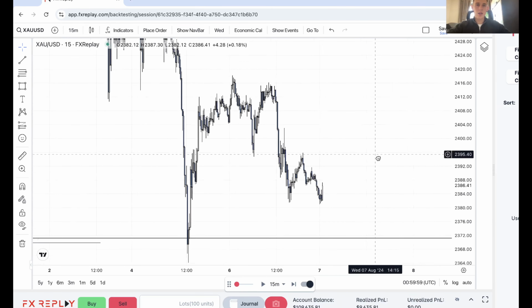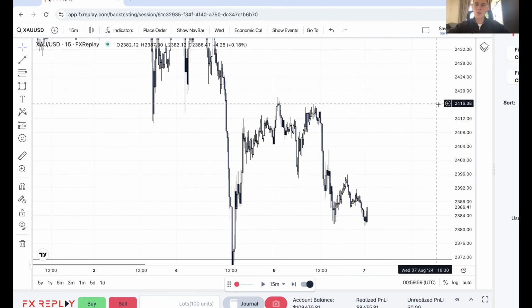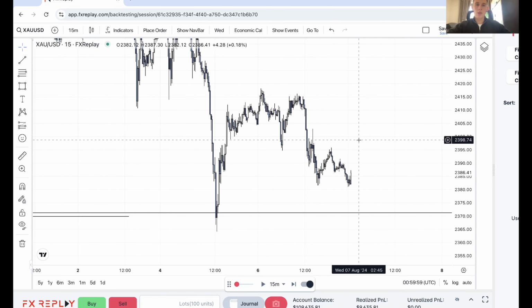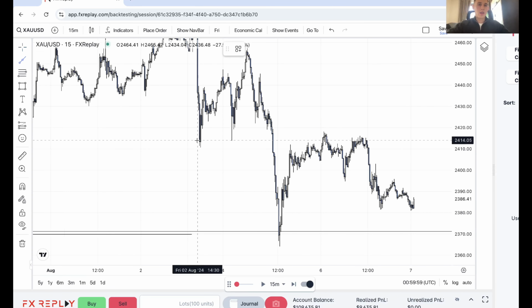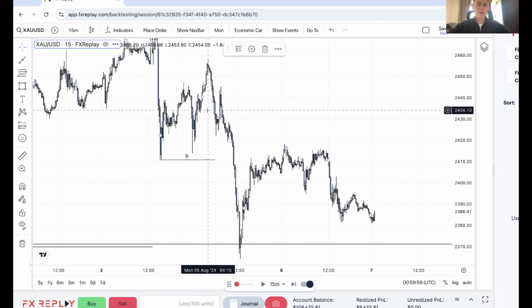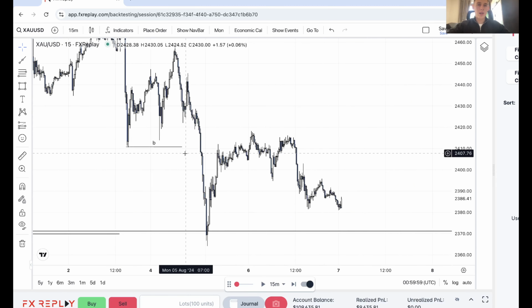If we zoom out. So what you could see actually is that we had this 1 hour breaker structure. So the 15-minute is still bearish between this high and this low. Price retested into this structure.